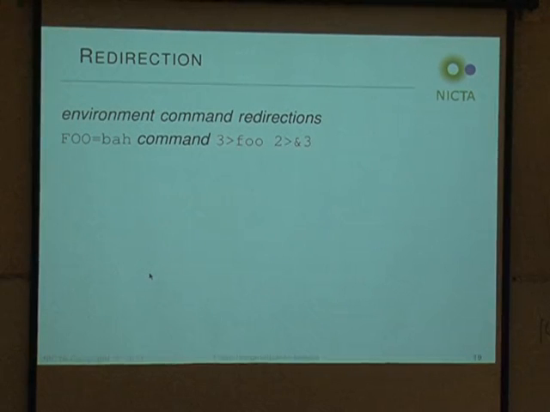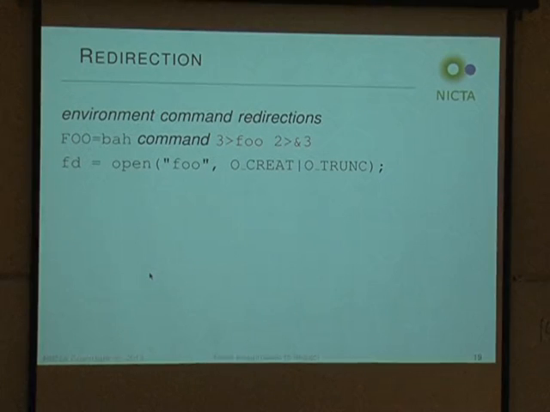The command can be anything. What that does is we say, okay, we want file descriptor 3 to be an output to foo, and 2, we want to be the same as 3. I'll go into these in great detail later. But what it's doing under the hood is first it opens with O_CREAT and O_TRUNC, so it creates the file and truncates it to 0 length.